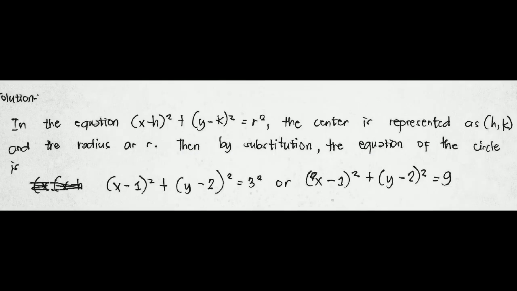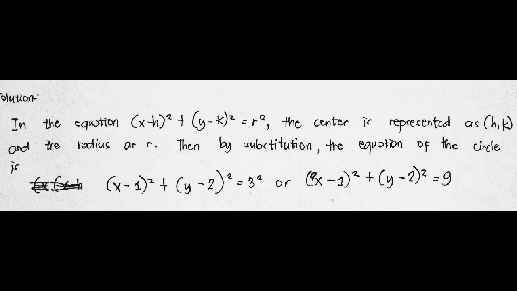So in the solution, we have x minus h squared plus y minus k squared is equal to r squared. The center is represented as h and k and the radius as r. Then by substitution, the equation of the circle is x minus 1 raised to 2 plus y minus 2 raised to 2 is equal to 3 squared.